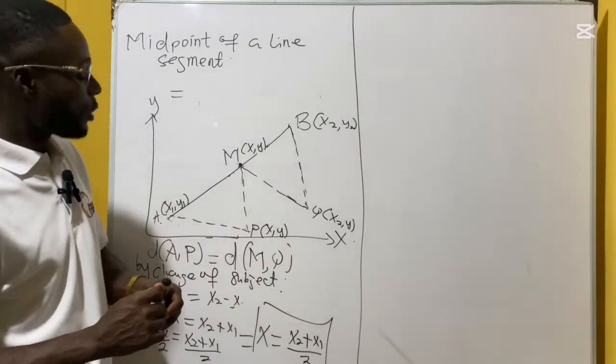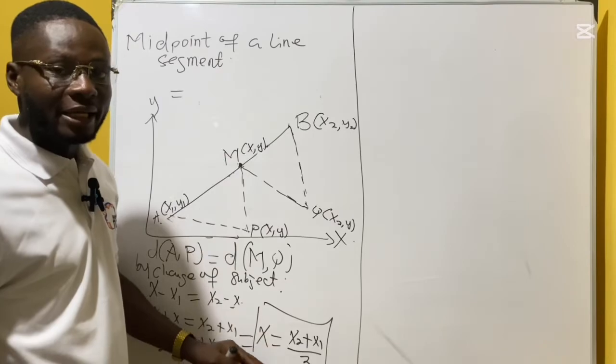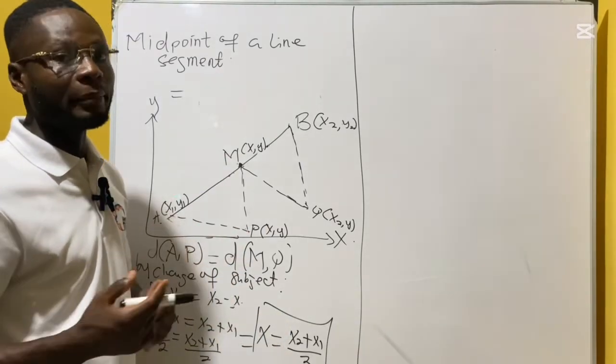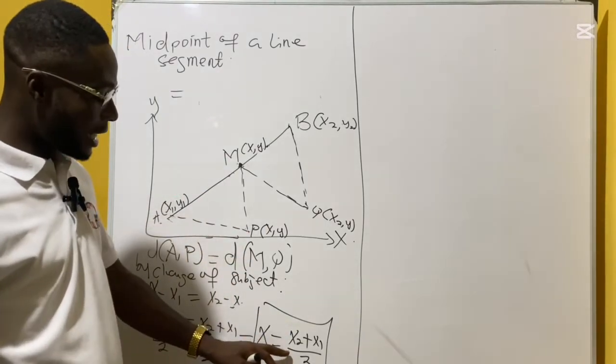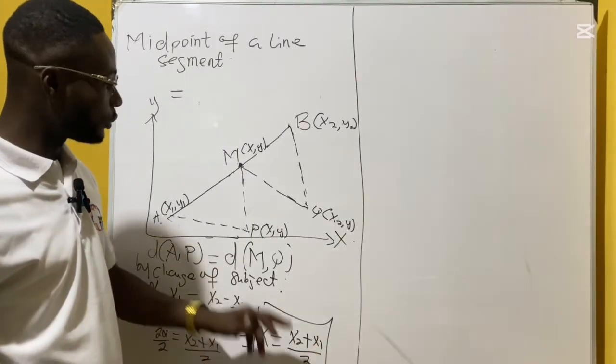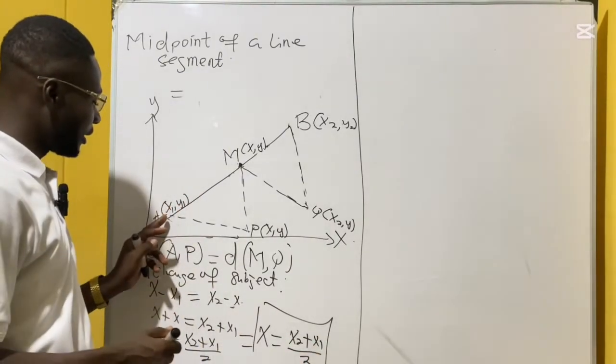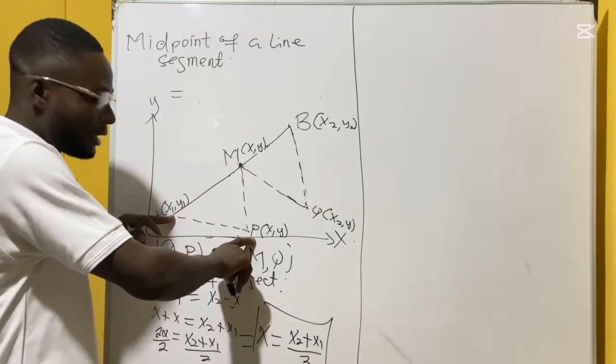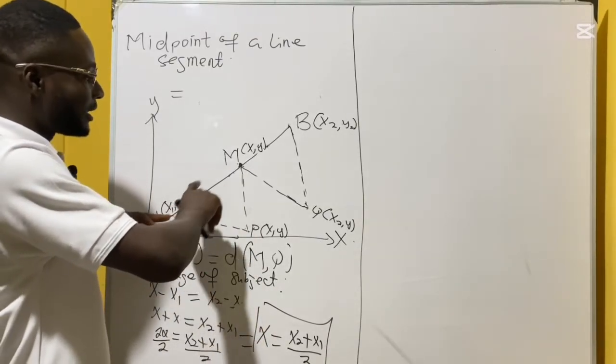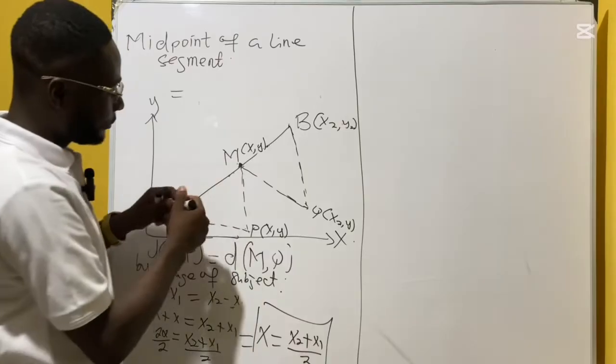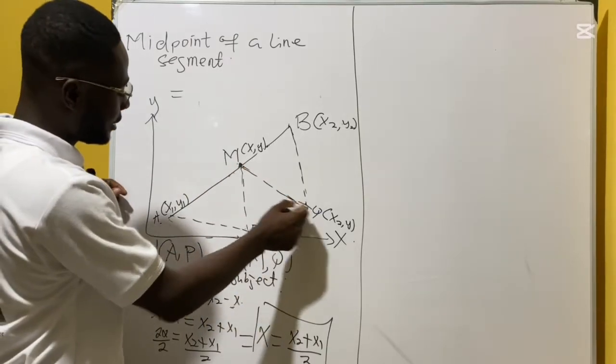And that is how we obtain the first coordinate of a midpoint, right? So x2 plus x1 over 2 is basically obtained from here. The distance of A and P is equal to the distance of M and Q. And that is basically true, this and this.